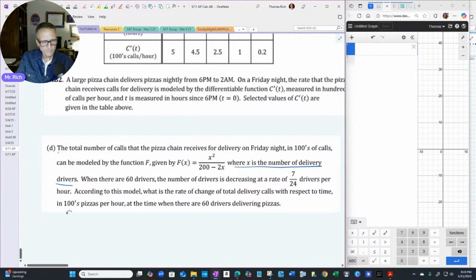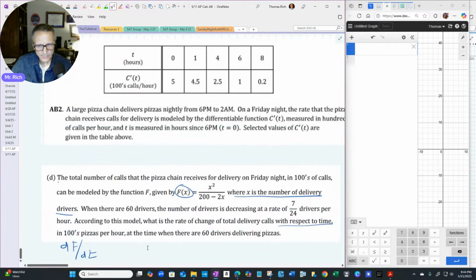So they're asking us to find df/dt, right? Because f is the hundreds of calls, but they want the rate of change of the delivery calls with respect to time.